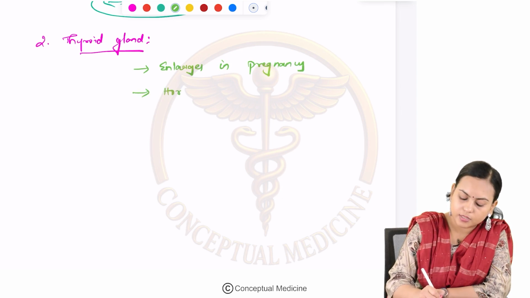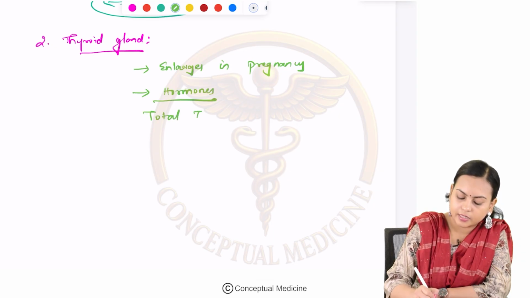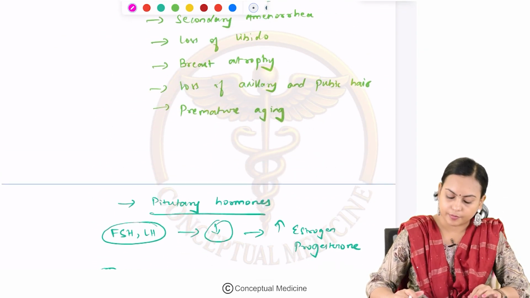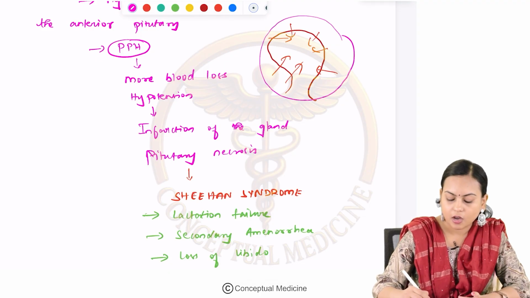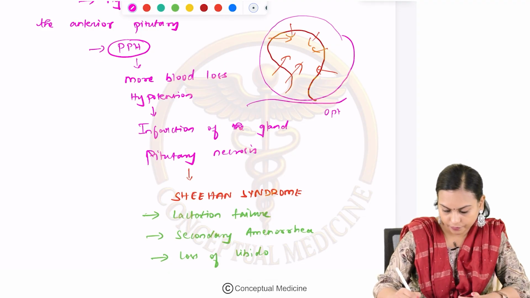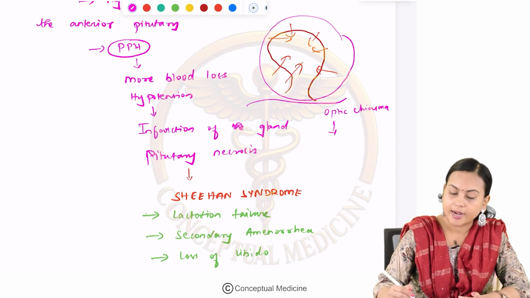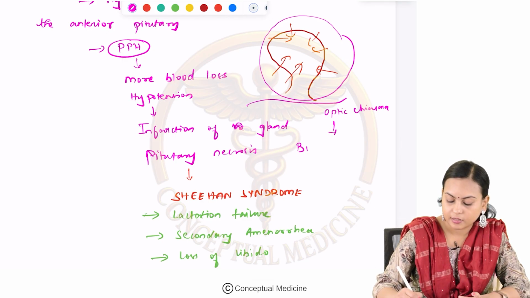Regarding the hormones, total T3 and T4, and also remember, due to the enlargement of the gland, the optic chiasma can get compressed and it can result in bitemporal hemianopia.